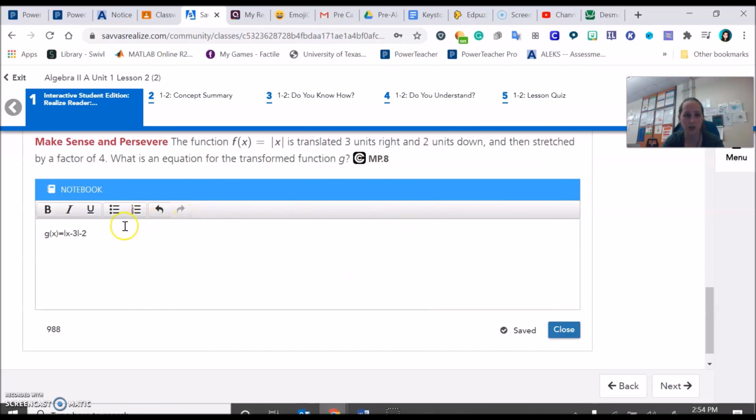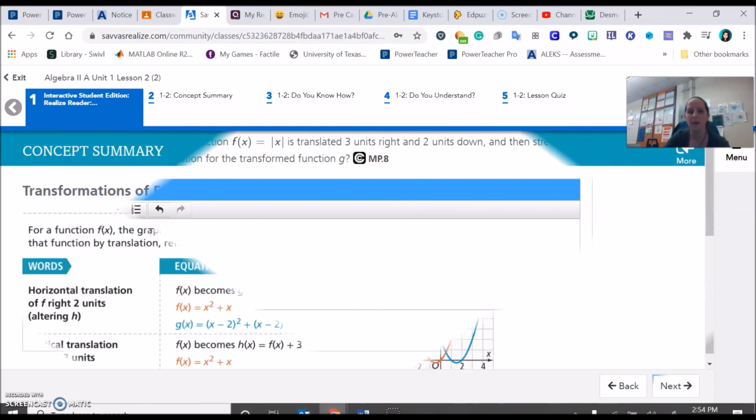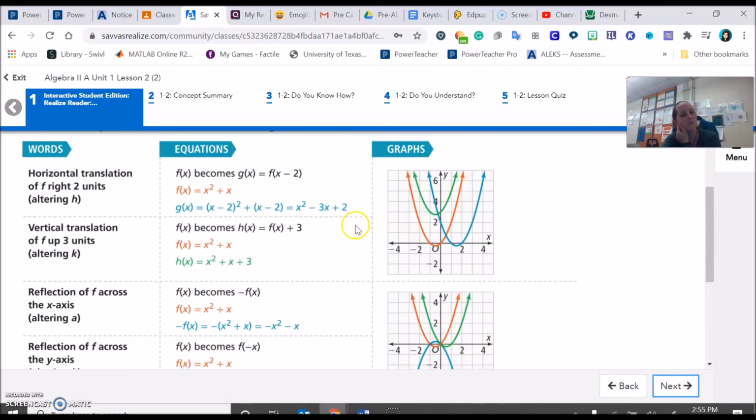And it's stretched by a factor of 4. So I'm going to multiply all of that times 4. So g of x equals 4 times the absolute value of x minus 3, minus 8.